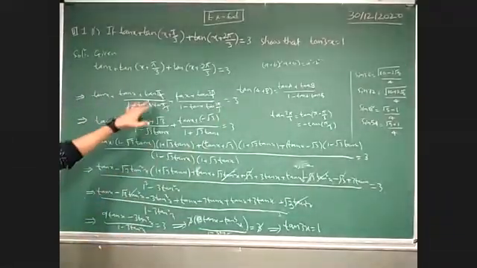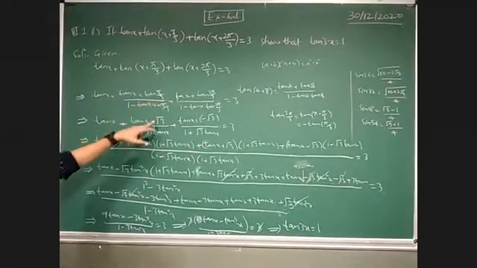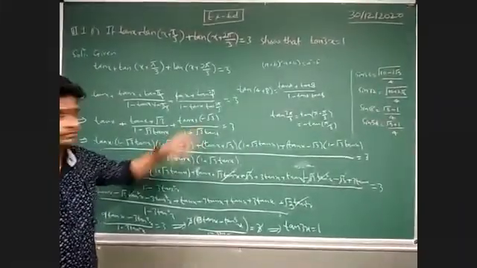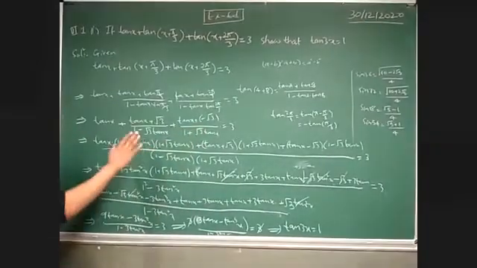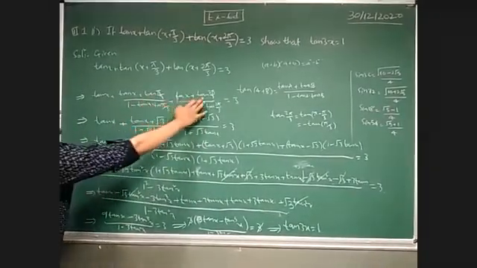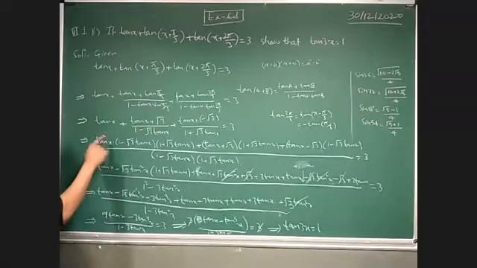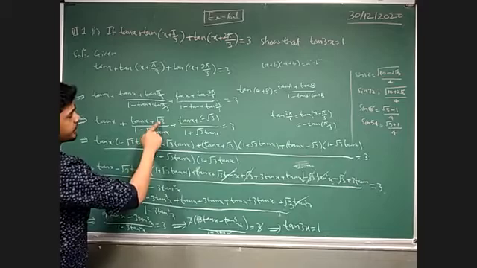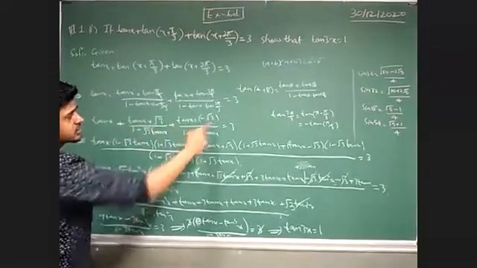Okay, I know the value of tan pi/3 is root 3, and tan 2pi/3 is minus root 3. So I just put the values of tan pi/3 and tan 2pi/3, so here I got root 3 and minus root 3.